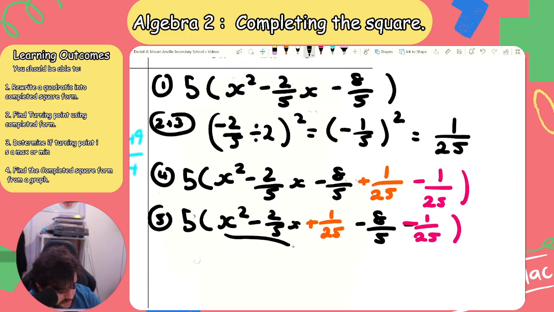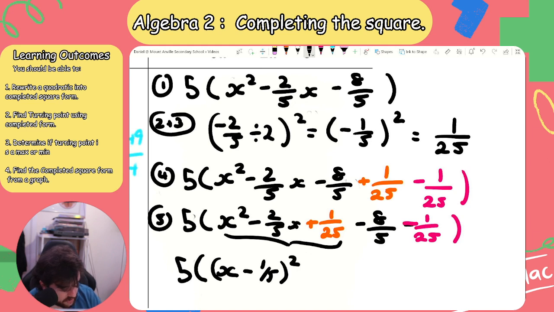This is a perfect square. It can be written as x minus 1/5, all squared. And then minus 8 over 5 minus 1/25 is going to be equal to, 8 times 5 is 40, minus 41 over 25.